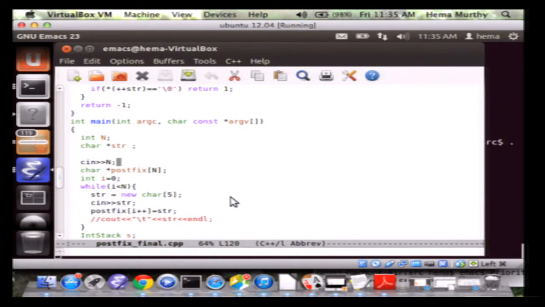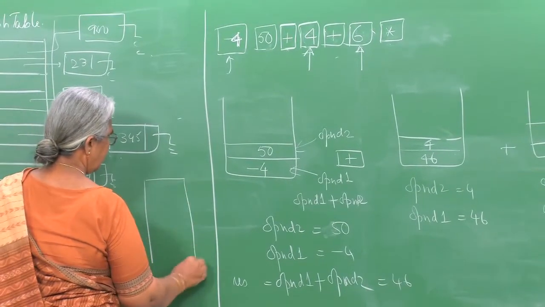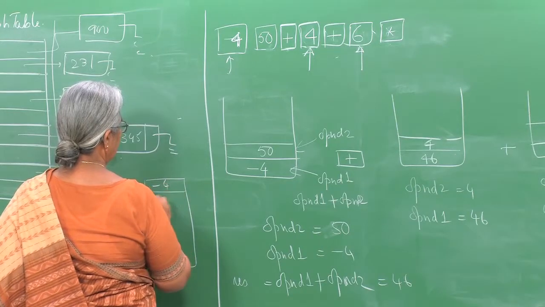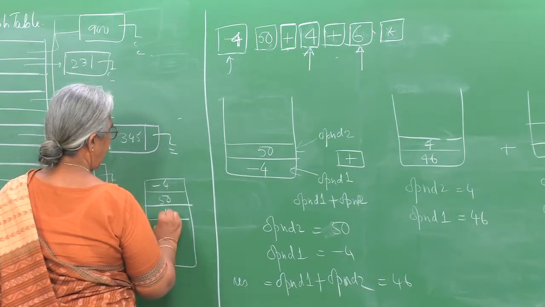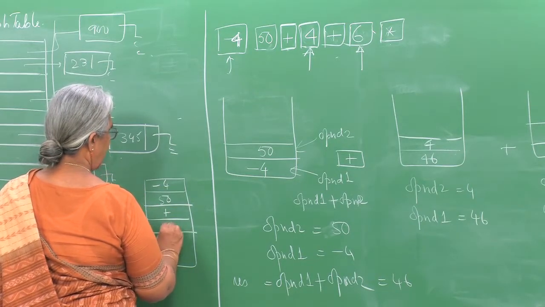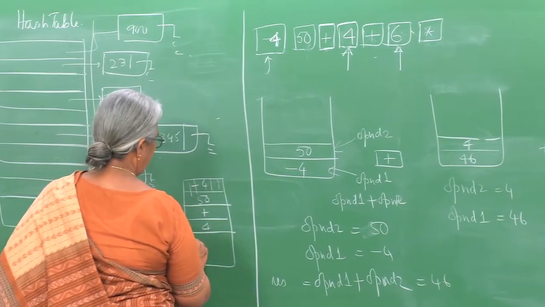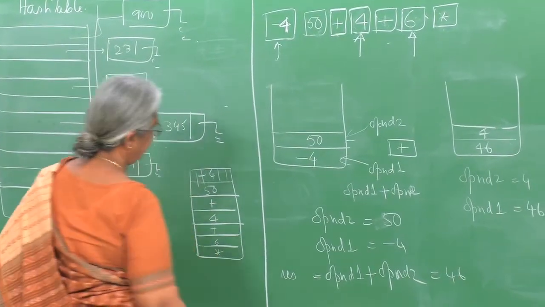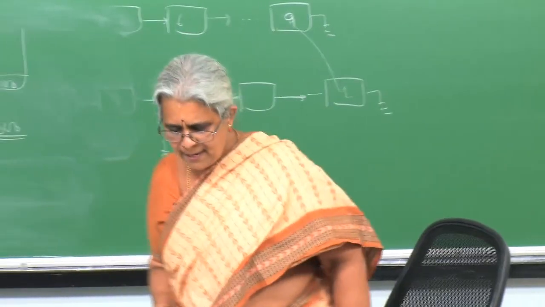It's actually a 2-dimensional array. The first element is 4, the second element is 50, that is, each element of the array is a string of length 5 characters maximum, plus 6 and star in this particular example. So this is the postfix array.